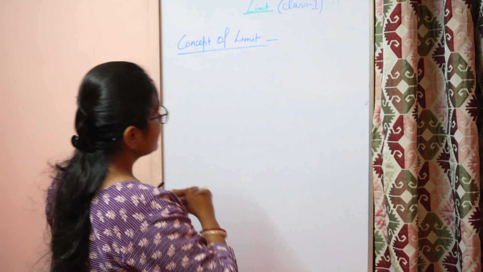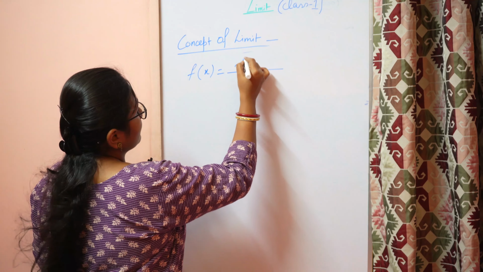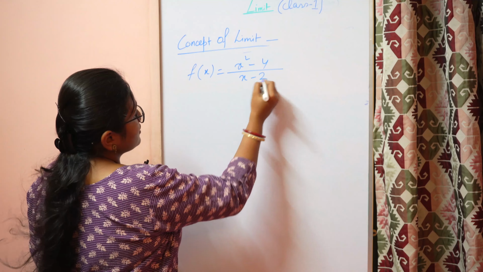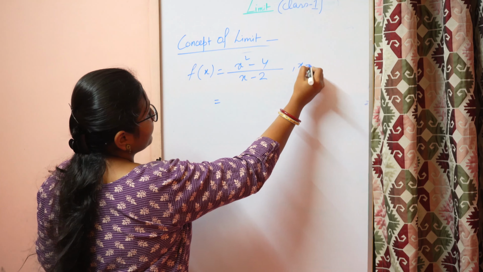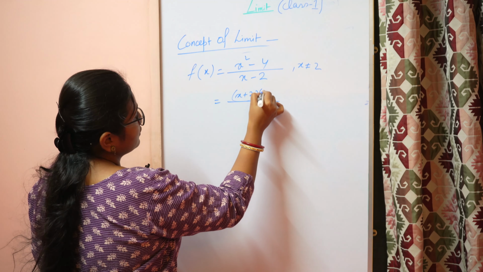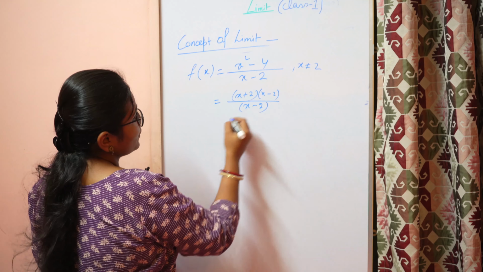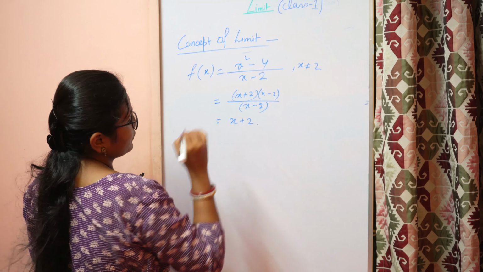Suppose I am writing the function again. Now I am just breaking it out. If you cancel out this portion, you will get x plus 2.